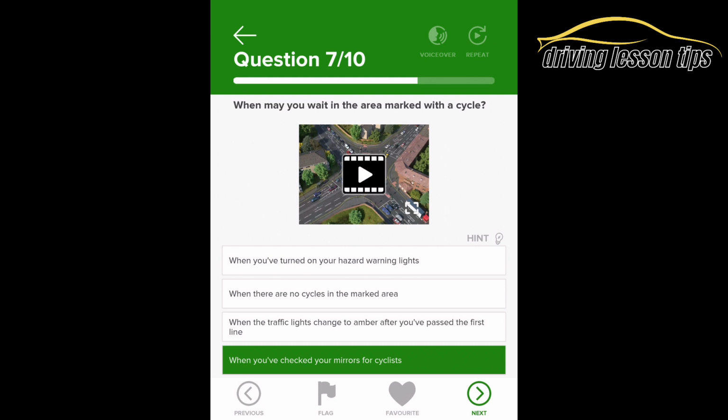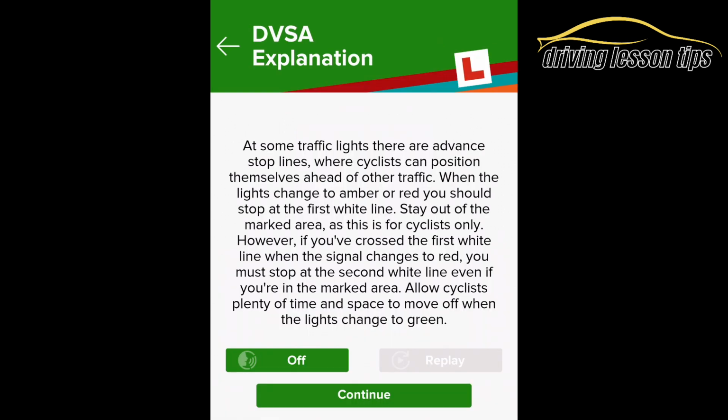But if you need to move forwards and your light is green and suddenly changes, then you can stop in it. Again, let's look at the hint. At some traffic lights, there are advanced stop lines where cyclists can position themselves ahead of other traffic. When the lights change to amber or red, you should stop at the first white line.